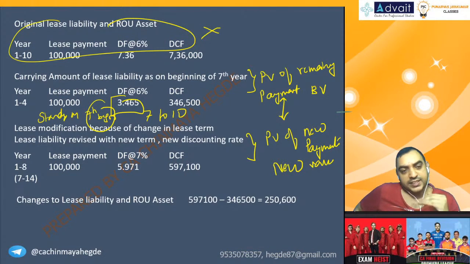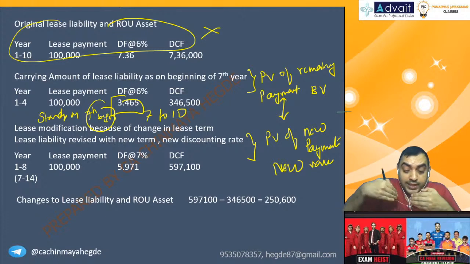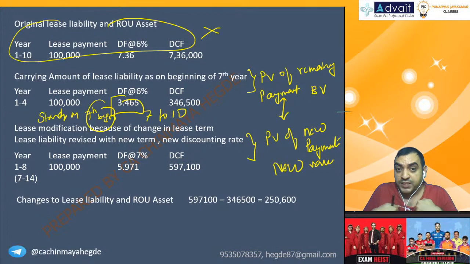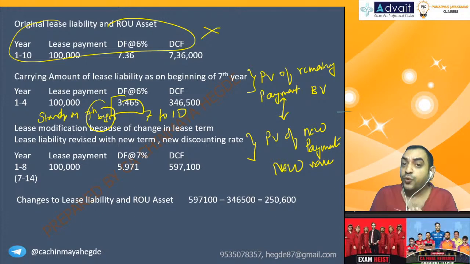Standing at the beginning of the 7th, the 7th end, 8th end, 9th end, 10th end mean remaining 1 to 4 years. Okay, hope you got it.